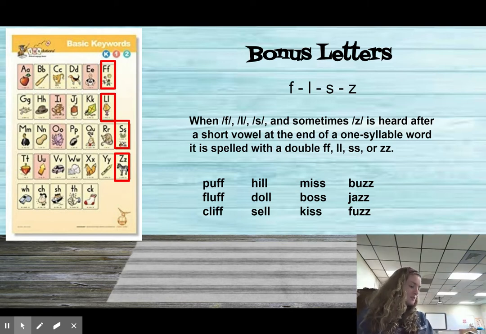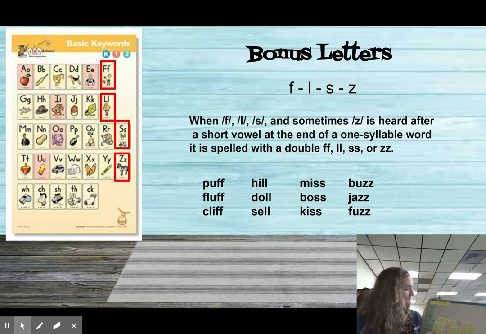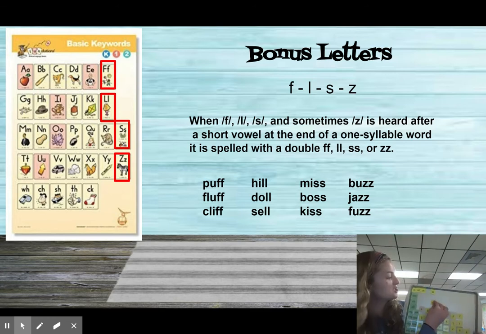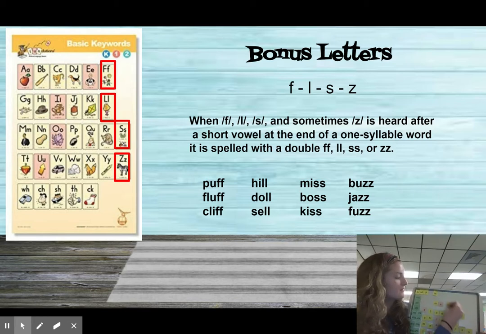So let's look at an example of a word that would not get a bonus letter. So I'm going to make the word shelf. I'm going to pick that up. Shelf. Sh, e, l, f, shelf.